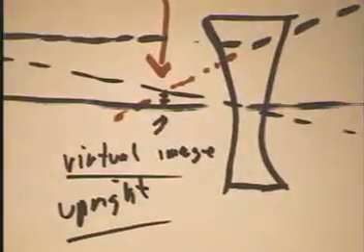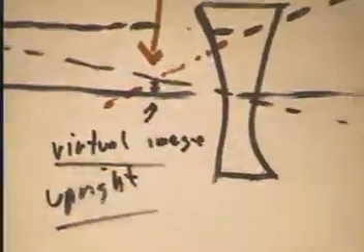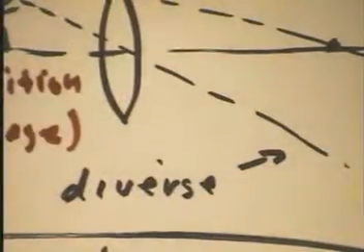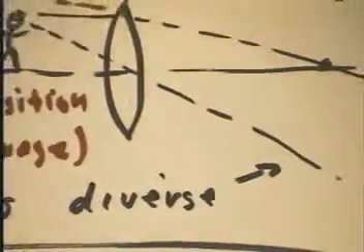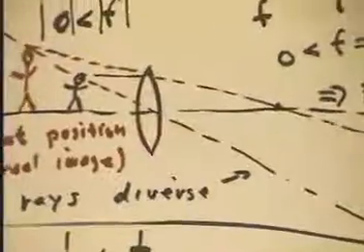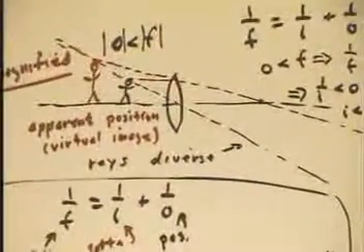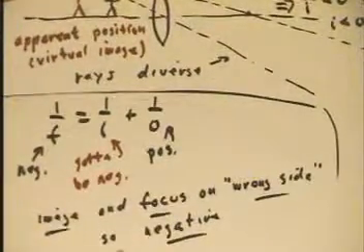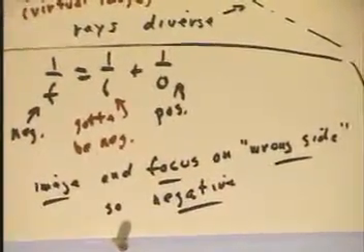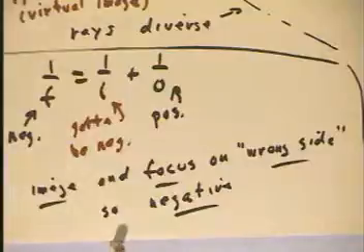Now, how do we symbolize image distance, object distance, and so forth? Well, let's look at it. Actually, in the case of the diverging lens, the focus is on the wrong side of the lens.